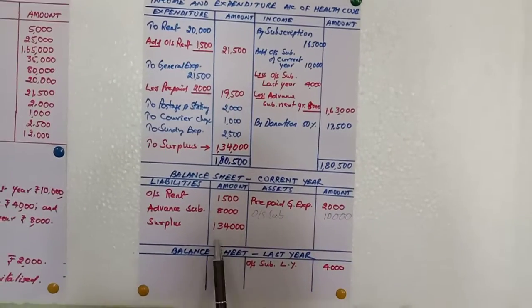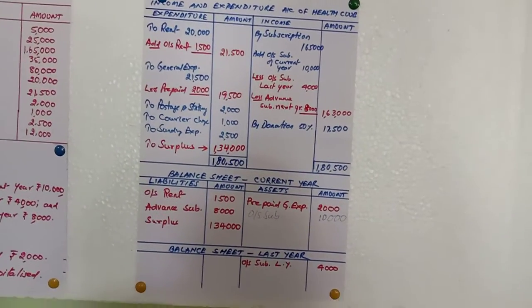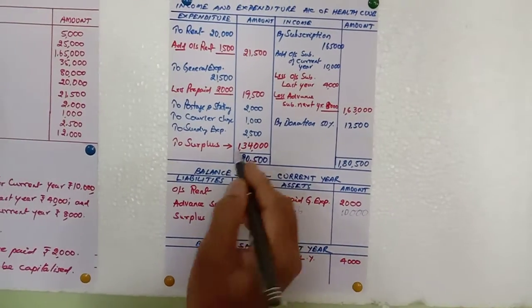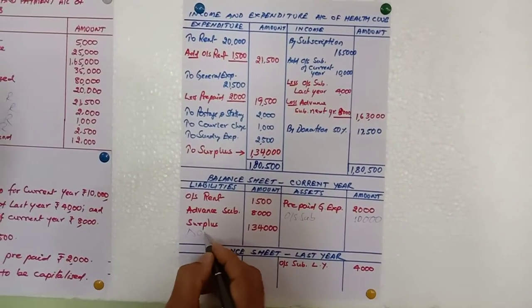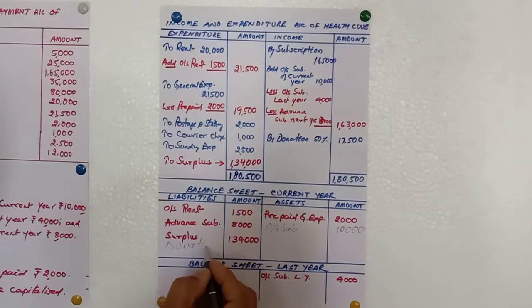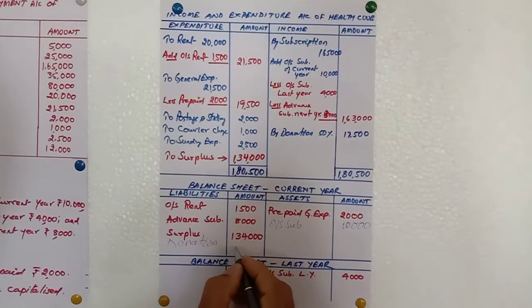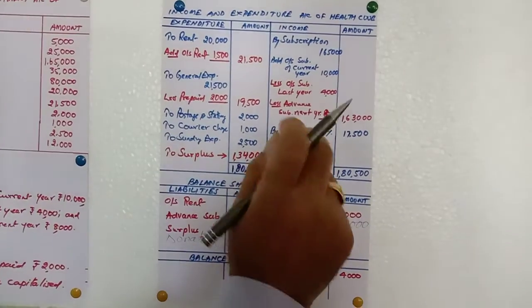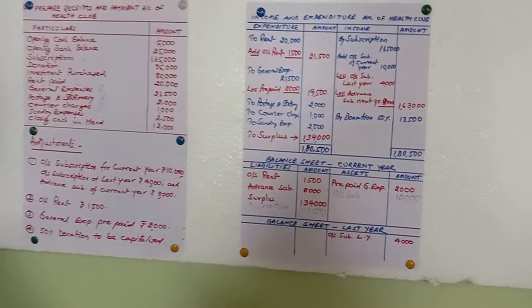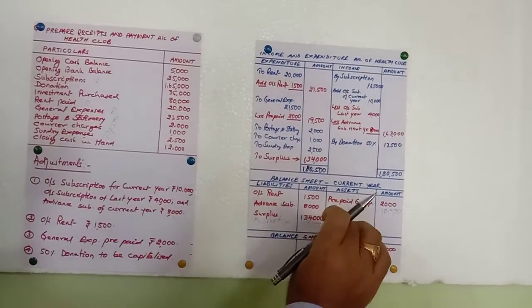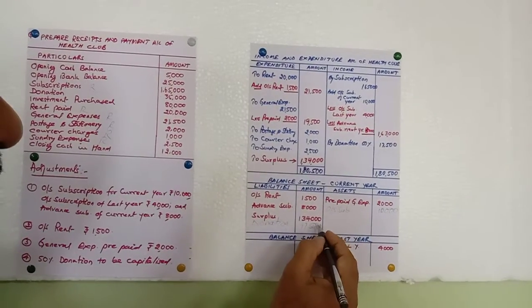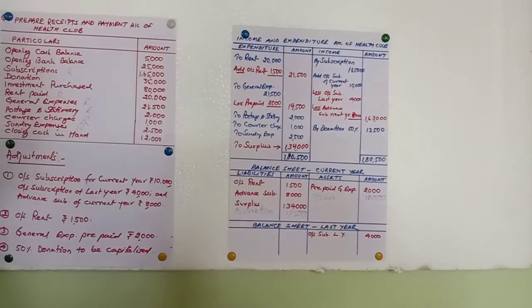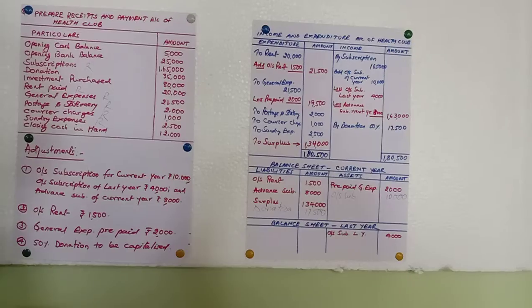So you can write in current balance sheet as donation here, that is 17,500. But I wanted to show you the effect only in case of income and expenditure account, that's why I have not written here. But then if you want to show, you can show it like this.